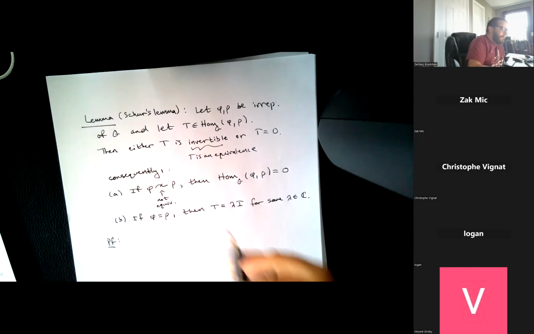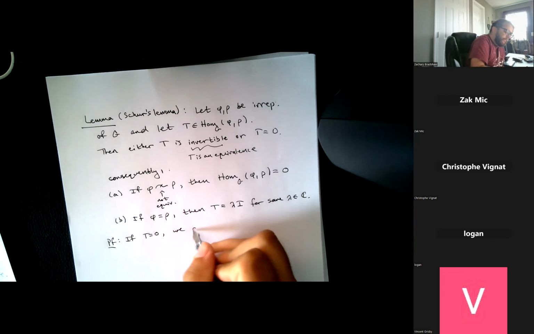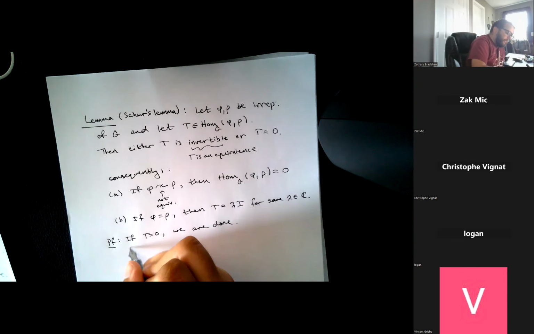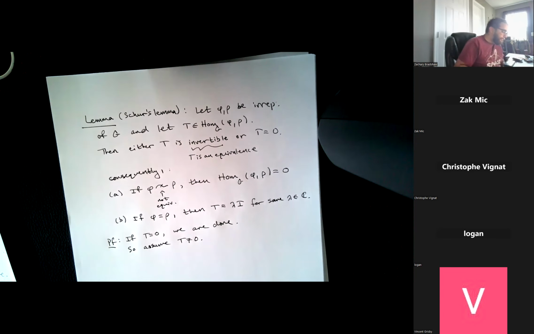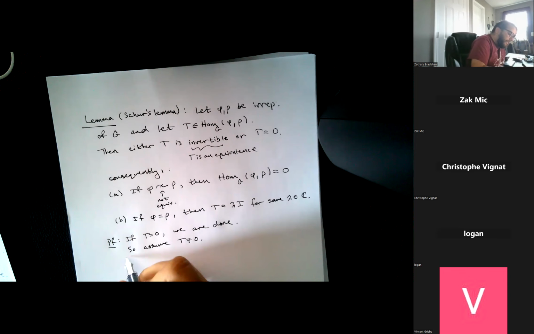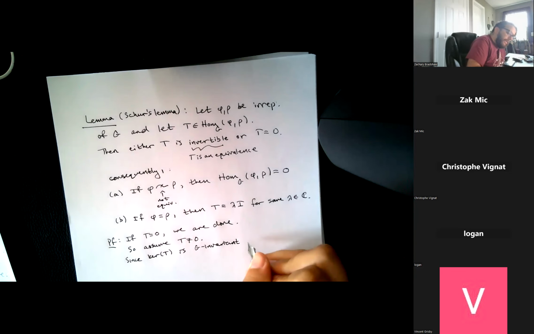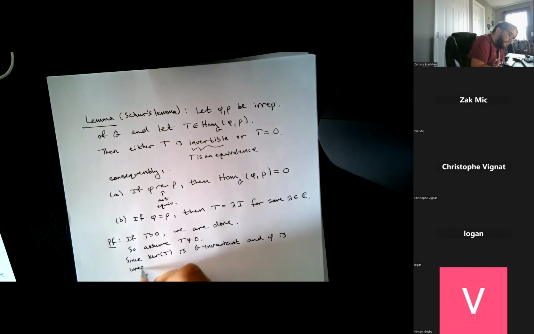So let's start with the first statement. If T equals 0, then we're done. So let's assume otherwise: assume T is not 0. We already showed that the kernel of T is G invariant, and phi is irreducible. Remember what irreducible means?